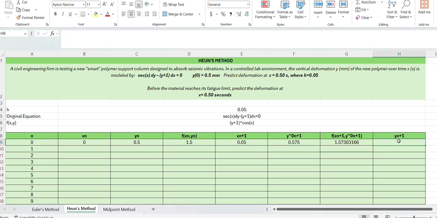For the last column, y_(n+1), we must establish a formula.